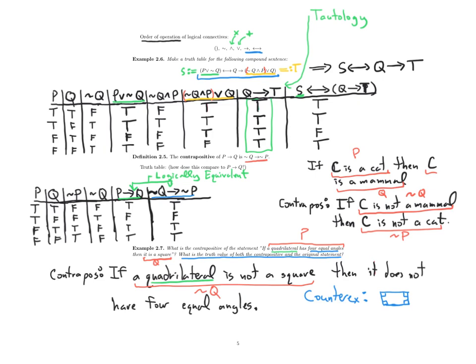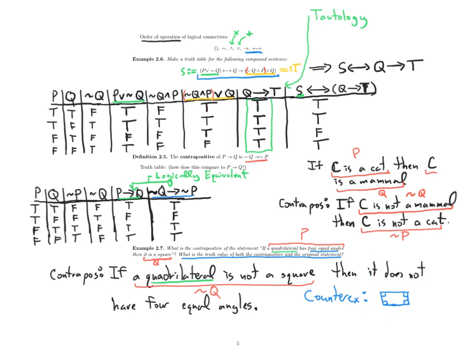It's not always true. And if we look at the contrapositive, well, this is not a square, so the if part of our contrapositive is true, but the then part is false. The then part here says it does not have 4 equal angles, but it does have 4 equal angles.